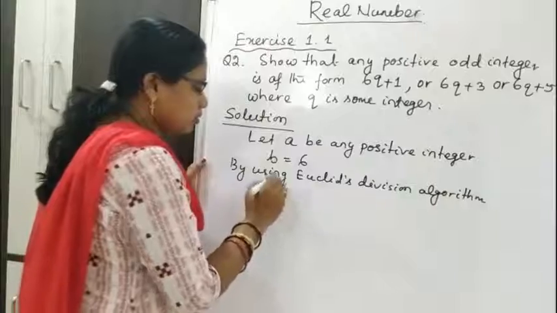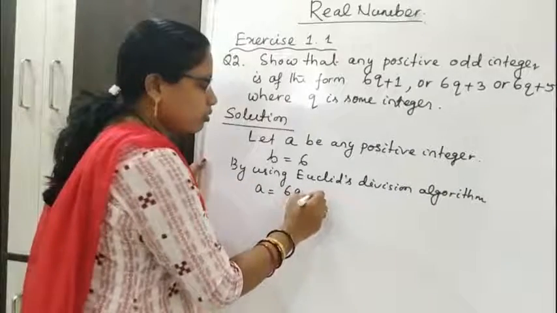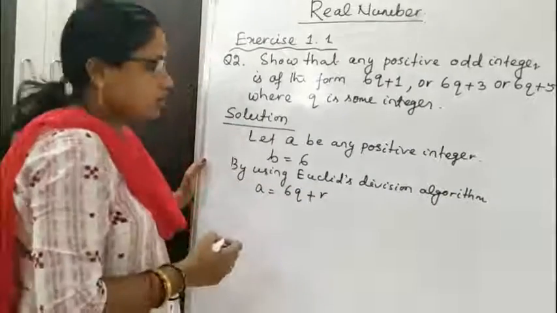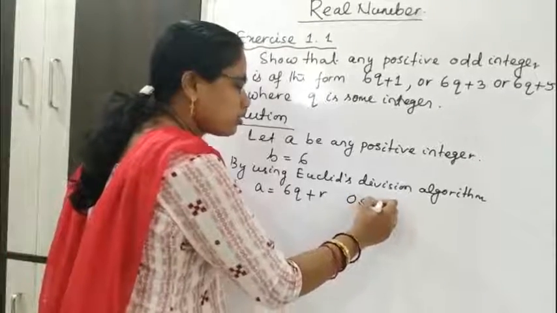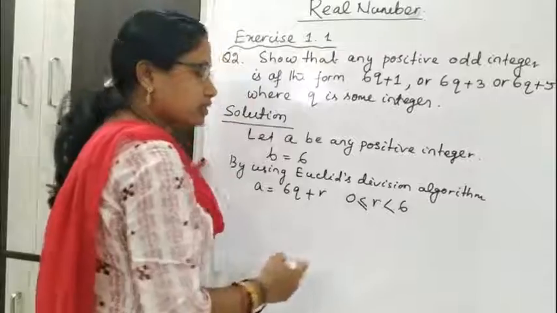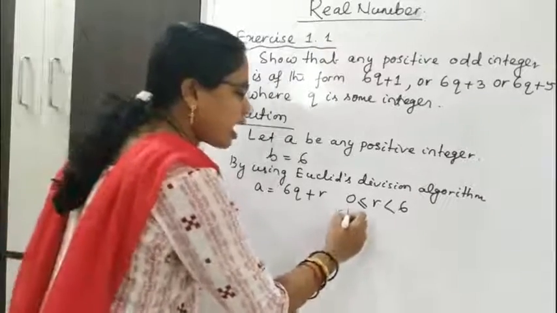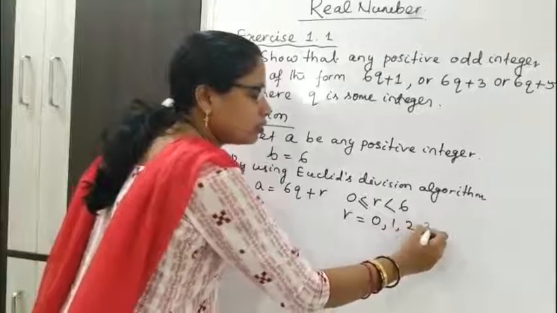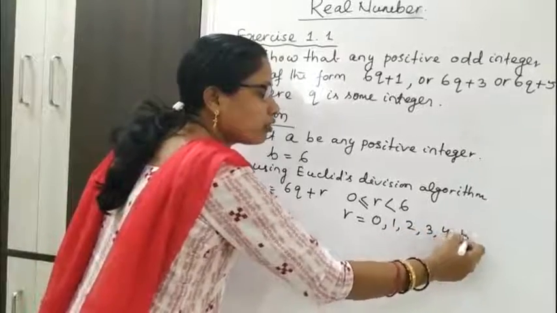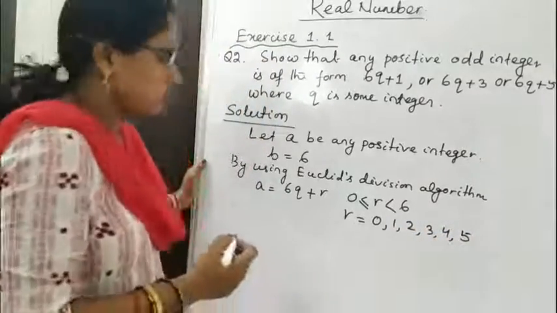a is equal to 6q plus r, where 0 is less than or equal to r, less than 6. That means r may be equal to 0, 1, 2, 3, 4 or 5. It should be less than 6.